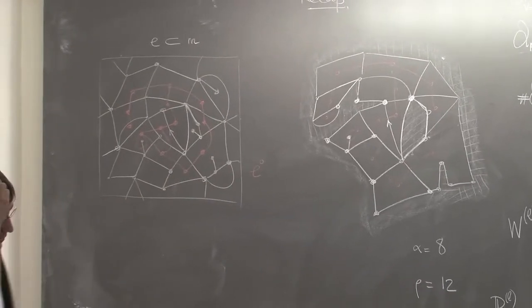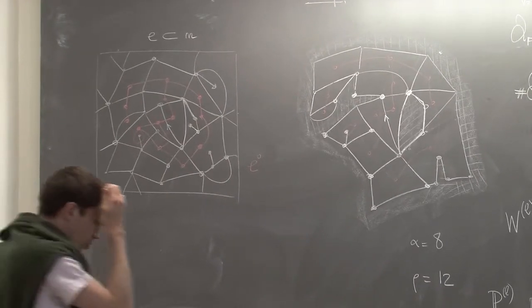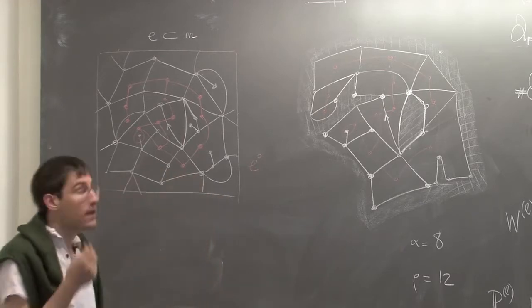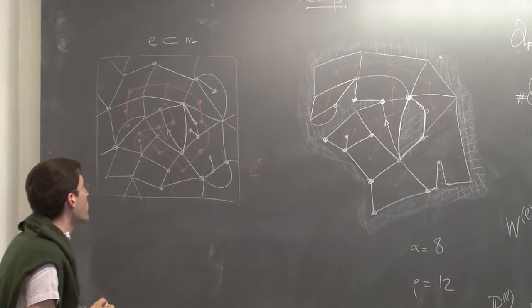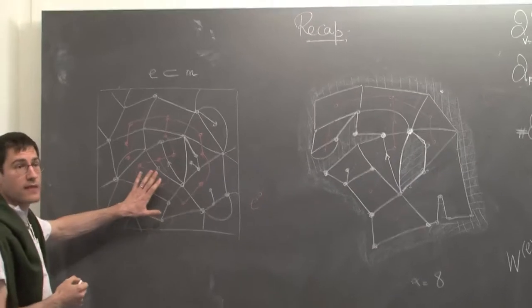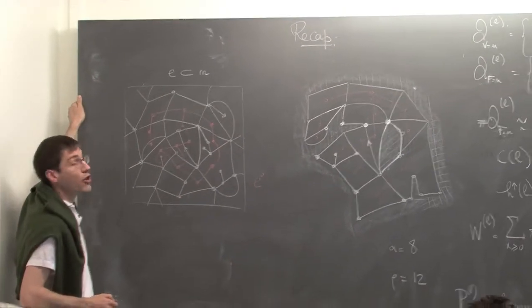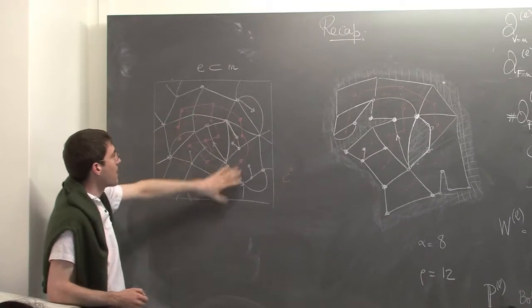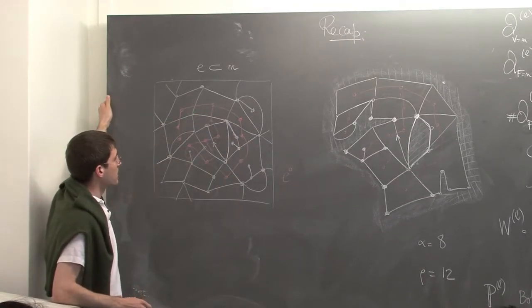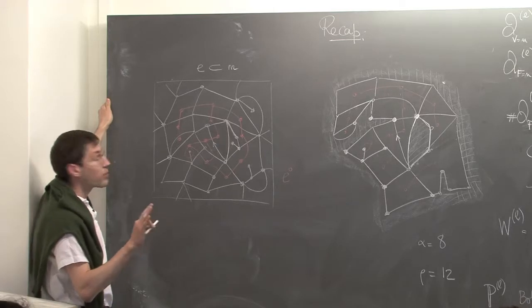I also remind you of the surgery that we developed last week. If you have a planar map M here in white, we say that E, for explored, is a submap of the map M. We had two different points of view on this.